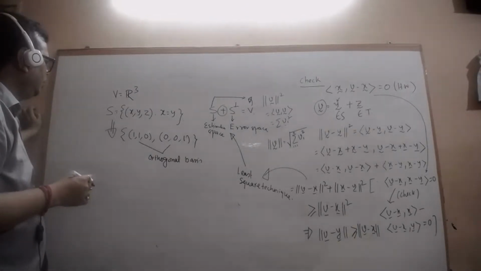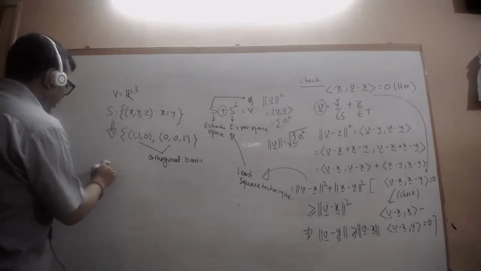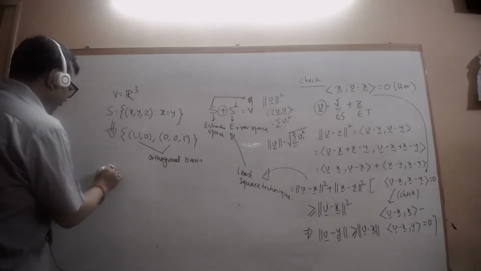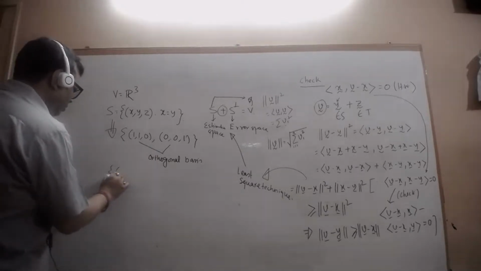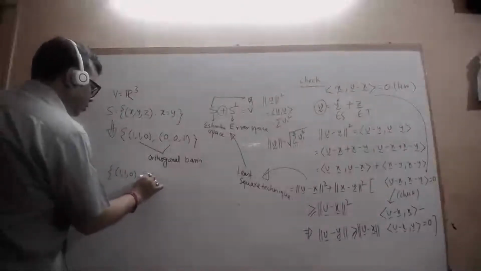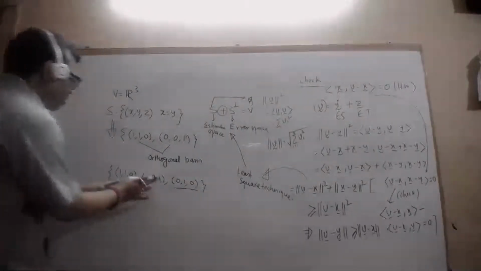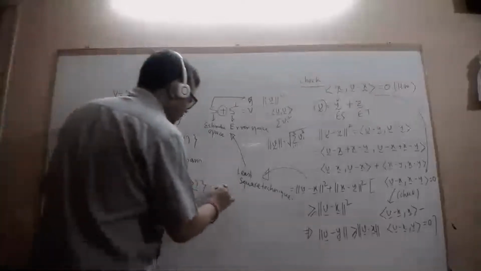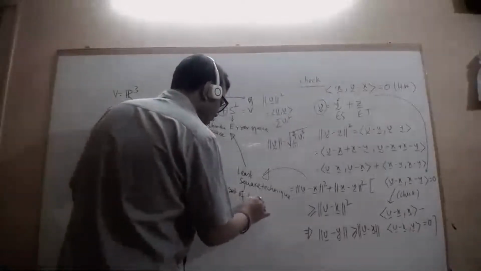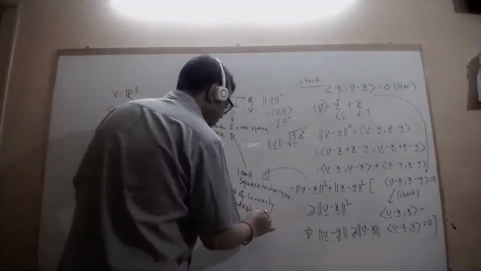Now, if you take any vector which does not belong to S, and consider it along with these two vectors, then you see that this is a set of linearly independent vectors. We have already seen this thing.